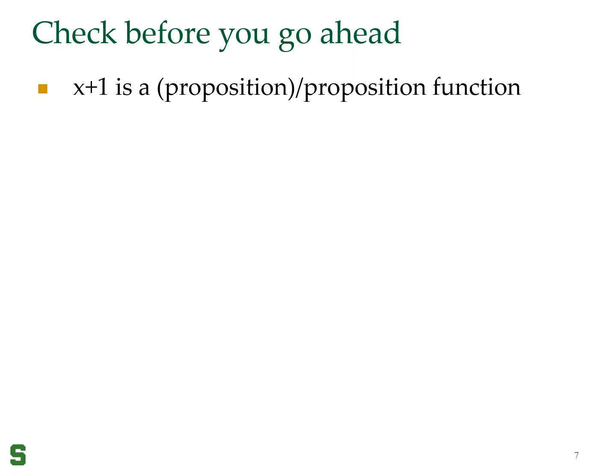Here, I want you to be able to distinguish between proposition and propositional function. We won't distinguish between them too much, but there is a difference between them, and I want you to be aware of it. So for example, is x plus 1 a proposition or a propositional function?